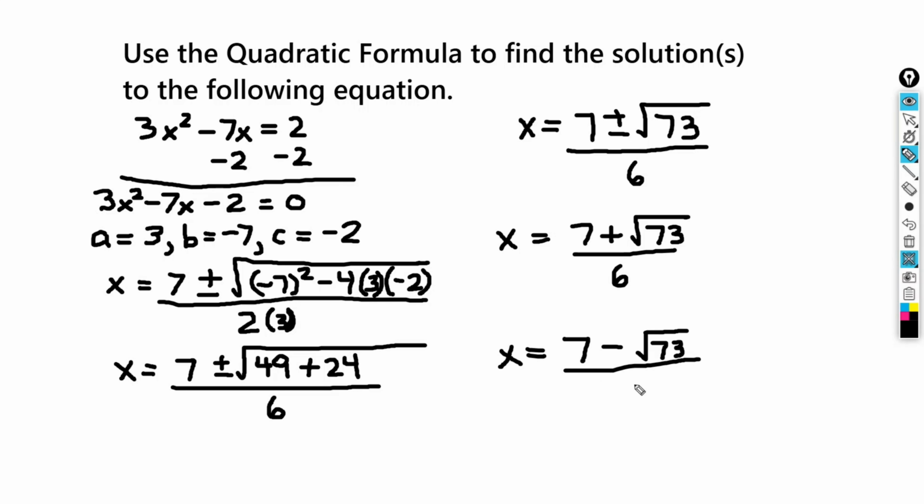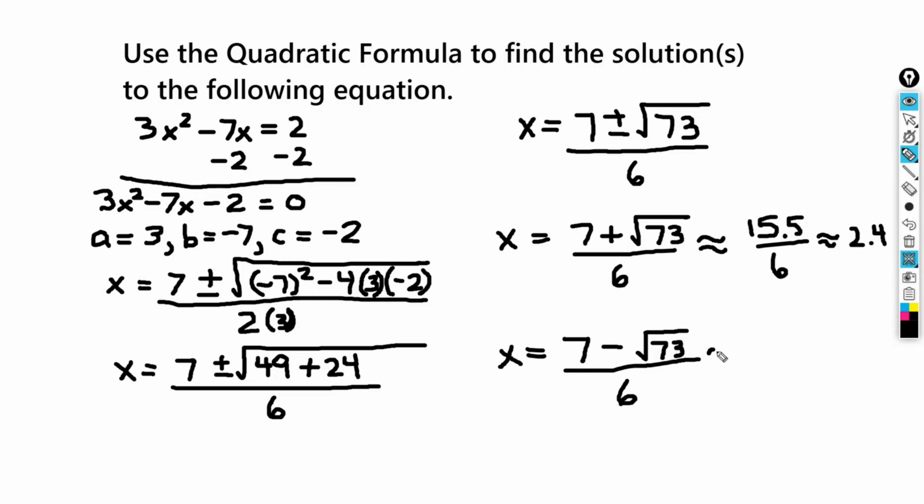Now, if we're going to estimate the square root of 73, well, the square root of 64 is 8, and the square root of 81 is 9, so it's somewhere between 8 and 9. So this is like 7 plus 8.5, roughly. I'm approximating, of course. So it's like 15.5 over 6. 6 goes into 15 twice, and then maybe 2.4, 2.5, something like that.